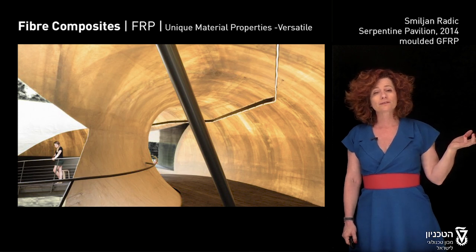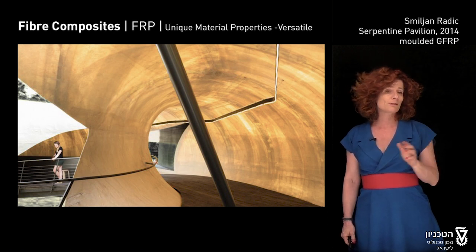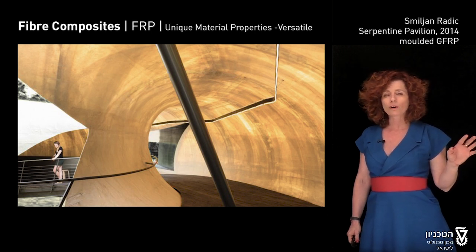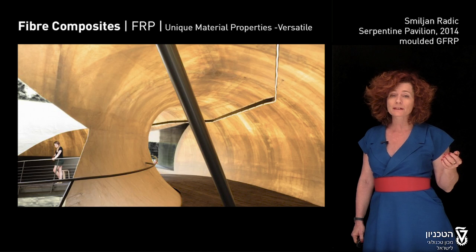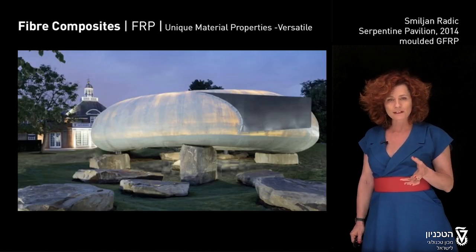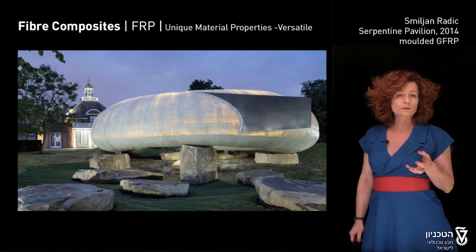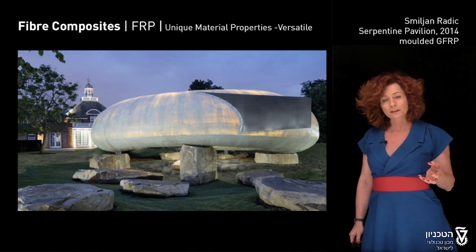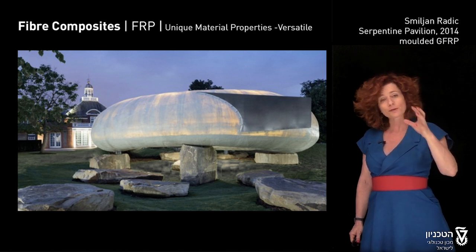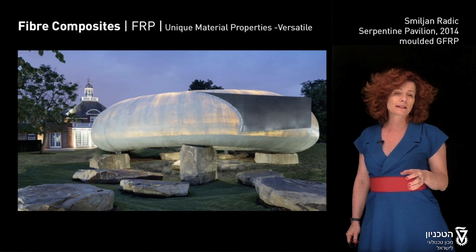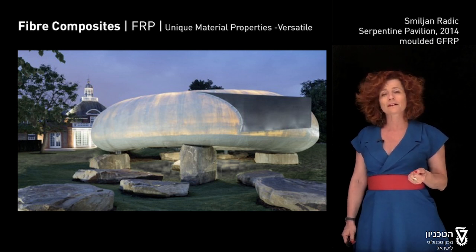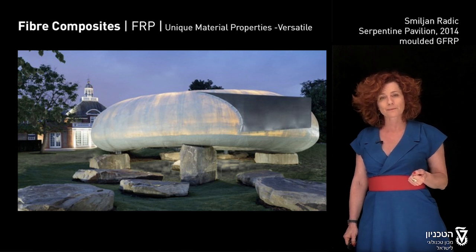And here the work of Smiljan Radic, taking the material towards a completely different atmosphere, raw atmosphere, and playing with the translucency of the material, also contrasting between the heavy stones and this almost prehistoric impression upon which has landed this rock or maybe this UFO that is playing around with different texture and sensibilities of the composite material.